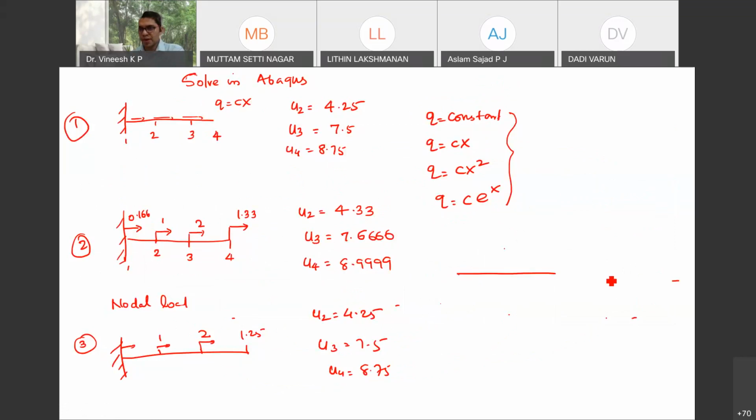So in a bar, what are your loading conditions? Suppose you have a loading condition like this. This is your q, q equal to some function of x.